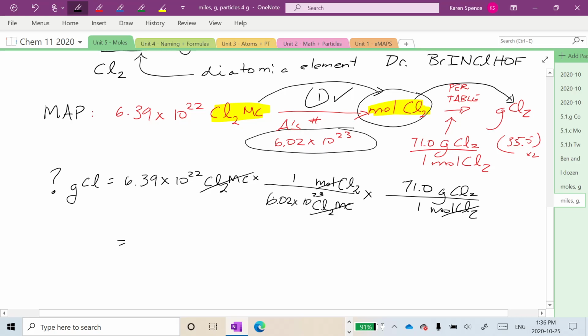And we get 6.39 times 10 to the 22 divided by 6.02 times 10 to the 23 times 71 equals, and I want 3 sig figs here because everything has 3 sig figs, 7.54 grams of Cl2.